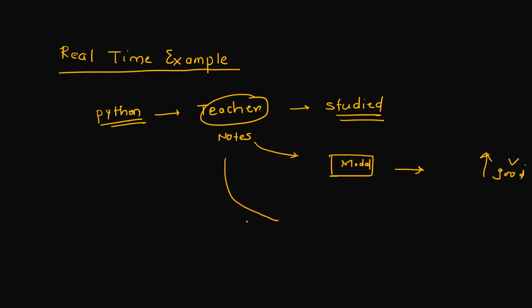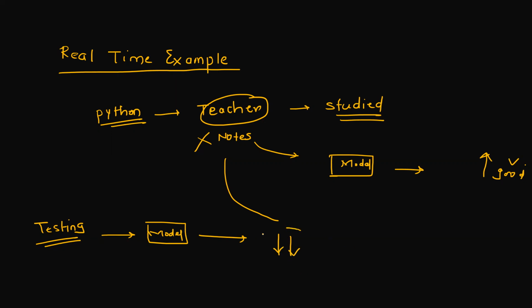But when the student appears for the exam, we cannot say that the questions will come directly as they are from the notes. Now the testing data set will be different. Probably it will contain data which is not present in these notes. So in that case, this model's performance may go down, and if the performance goes down, we can say that the model was overfitted.